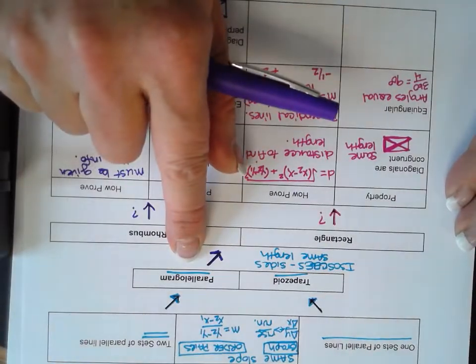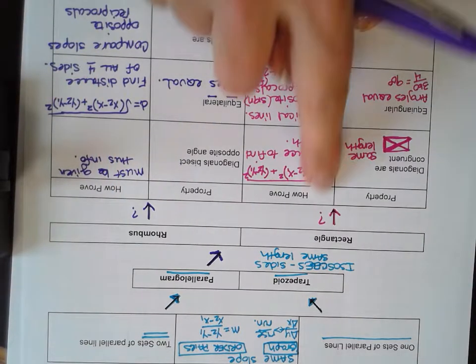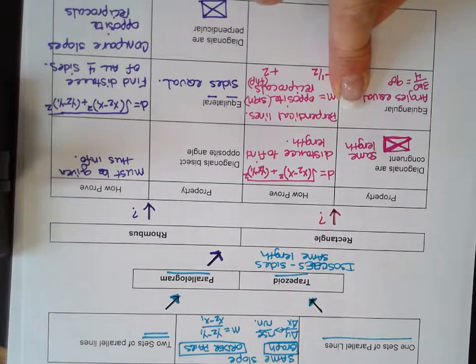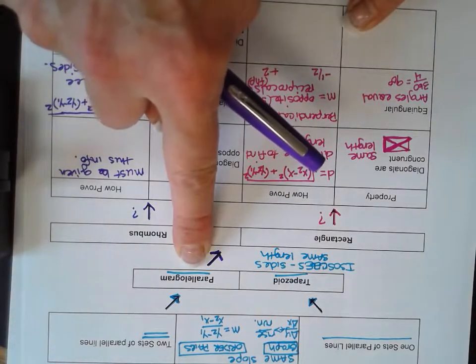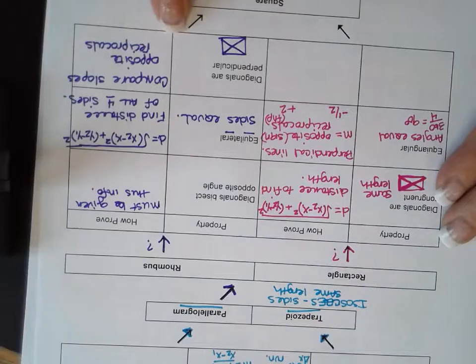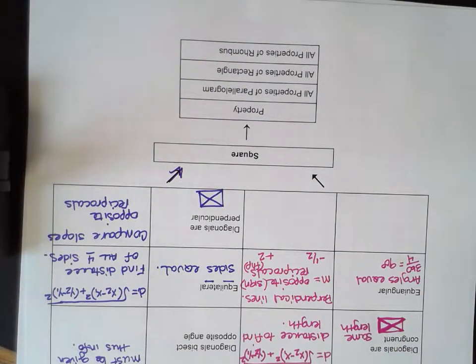All right, now, I went from the parallelogram, and then I did a rectangle and rhombus, and I could be in like, you know what, no, I'm not a rhombus, no, I'm not a rectangle. Then what happens? Well, hey, I'm just a parallelogram. But if I get through and say, okay, I know I'm at least a rhombus, now I have to check to see, well, am I a square?